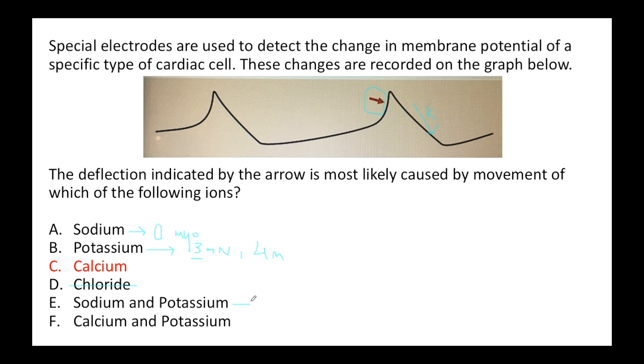How about sodium and potassium together? Where do we see that? Phase 4 of the nodal cells. That is true. We do see them in phase 4 of our nodal cells for the funny currents.